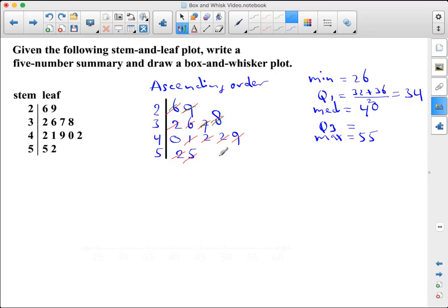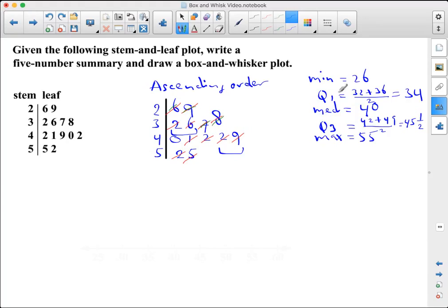The middle two values there are 42 and 49. 42 plus 49 over 2 makes 45 and a half. So Q1 was 32 and 36. Q3 was 42 and 49. It's a bit of a mess now here, but I hope you were able to follow that.